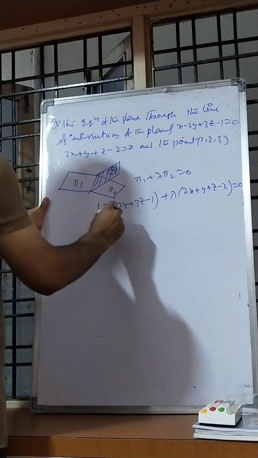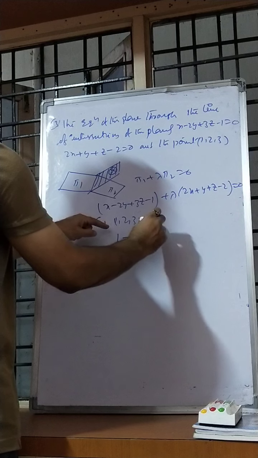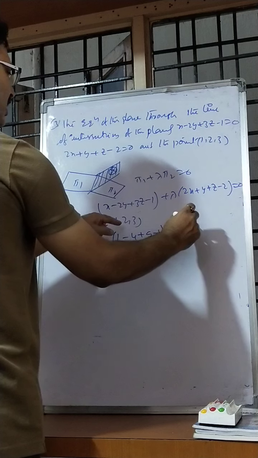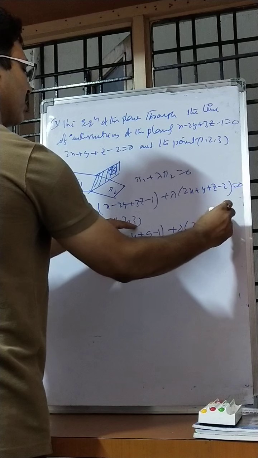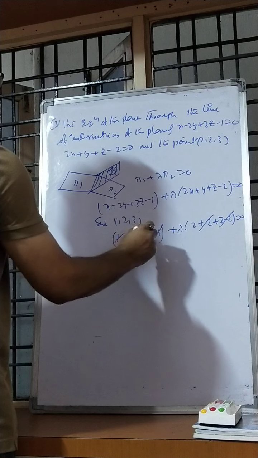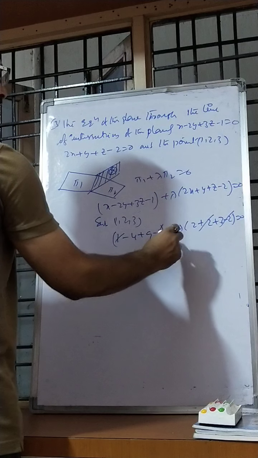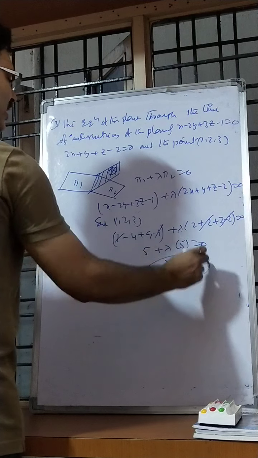What do you have to substitute? 1, 2, 3 in this, sir. 1 minus 4 plus 9 minus 1 plus lambda times 2 plus 2 plus 3 minus 2 equal to 0. This is gone and 1 gone. Here it is 5 plus lambda into 5 equal to 0. Lambda is equal to minus 1, we got it.